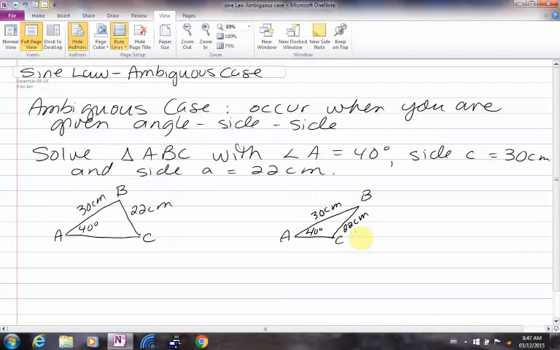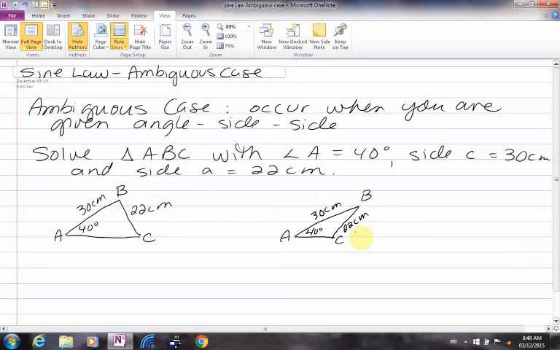So the first condition that has to be true for you to be able to have two triangles is the side opposite the known angle has to be shorter than the other given side. Okay? But it can't be too short. So what would be the shortest possible length that side A could have so that we could still form a triangle? Absolutely. Excellent.